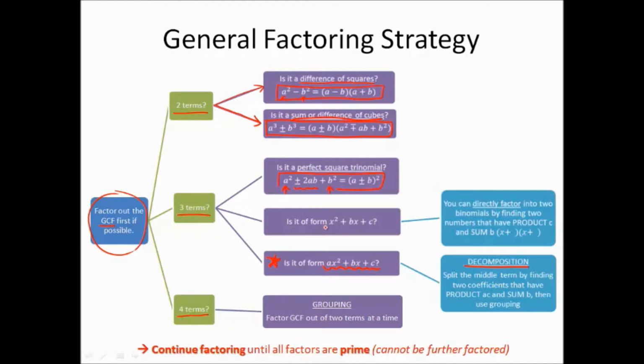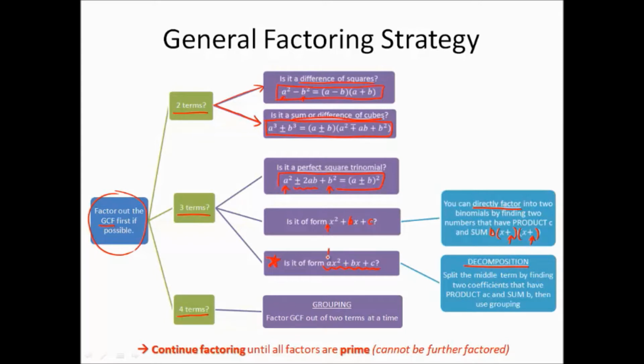If you don't see perfect squares, maybe you don't have a leading coefficient and it's only a 1. In that case, you can directly factor without having to split the middle term. And the 2 numbers that are in your second position of your binomials would have a product of your last term, C, and a sum of your middle term, B.